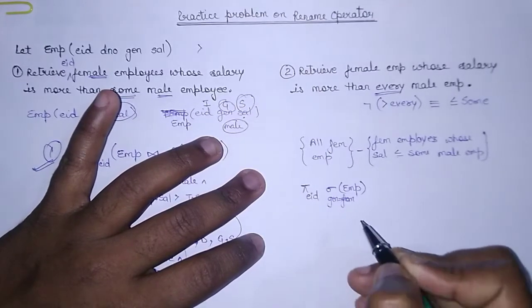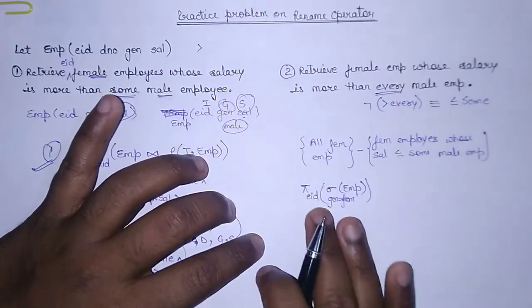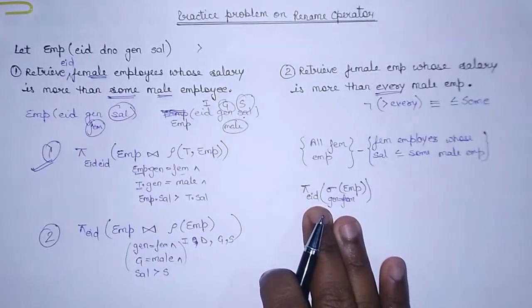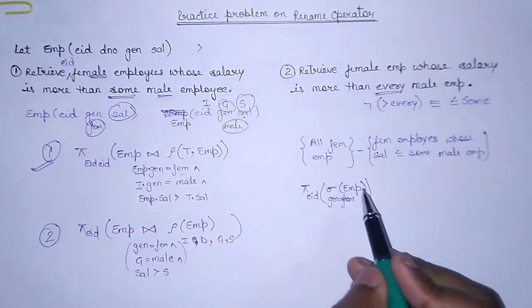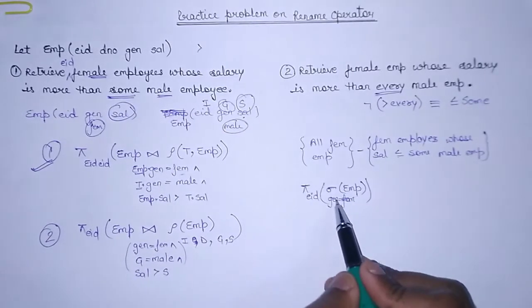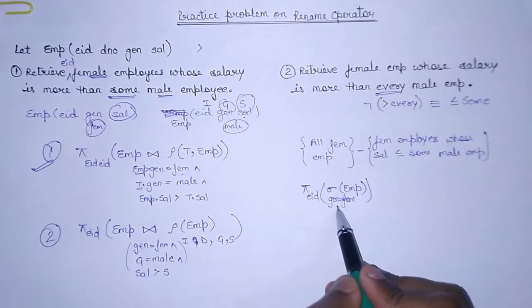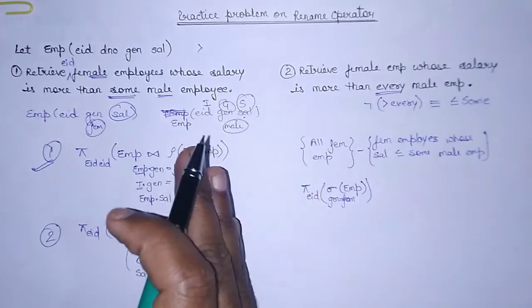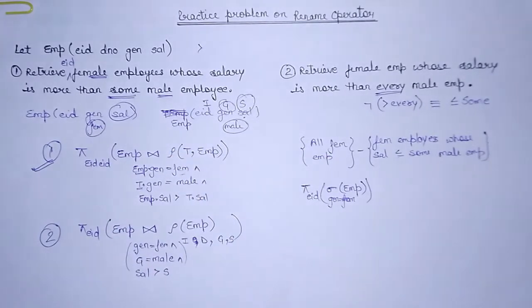Here I am just getting the employee ID of the female employees. From this particular employee table I am selecting the gender as female and retrieving the employee ID. That means it will show us the employee ID of only the female employees.